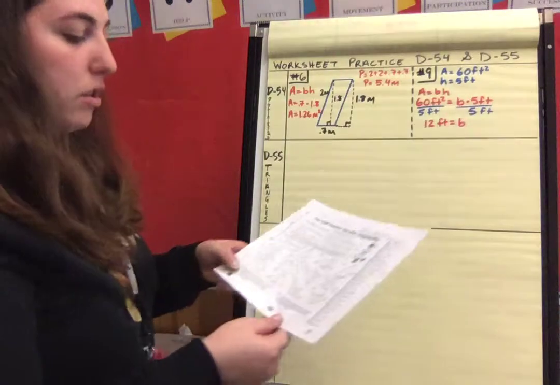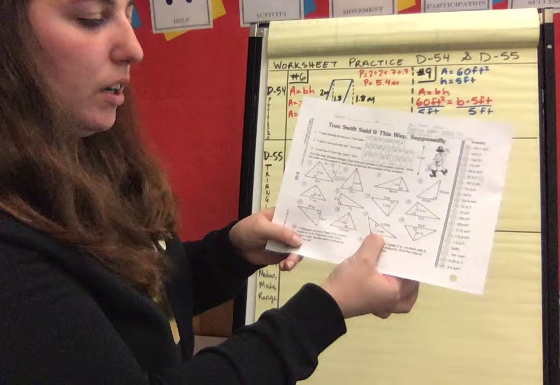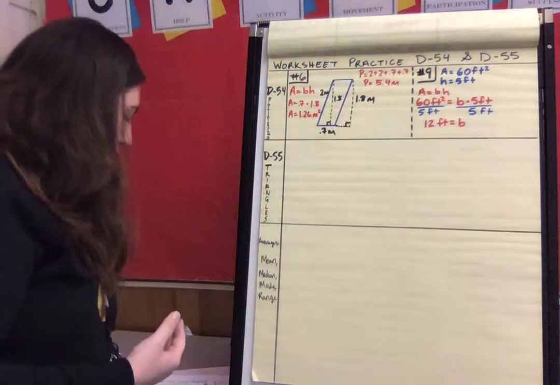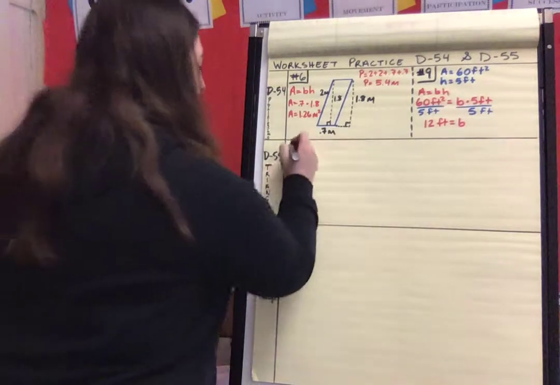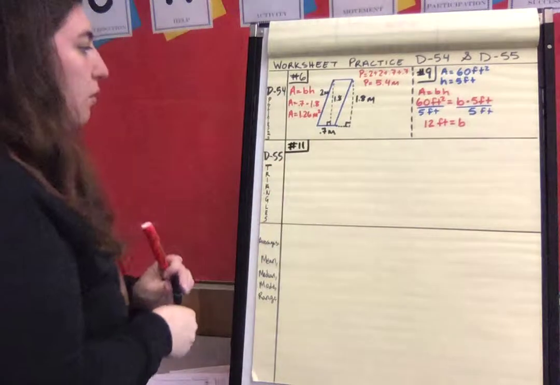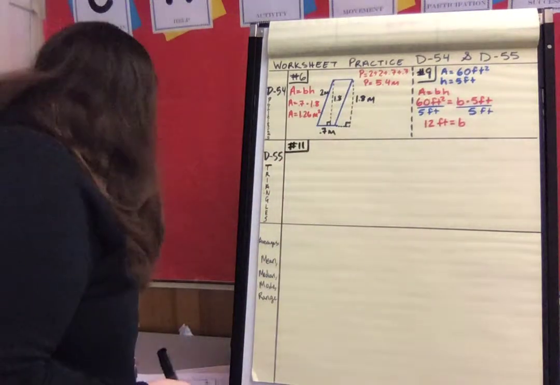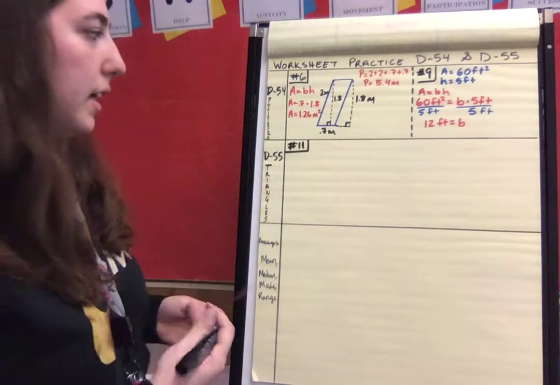Let's do number 11. Okay, again, we're just working with our triangle formula. With number 11, we have a triangle that looks like it's not right side up. It looks like it's upside down.